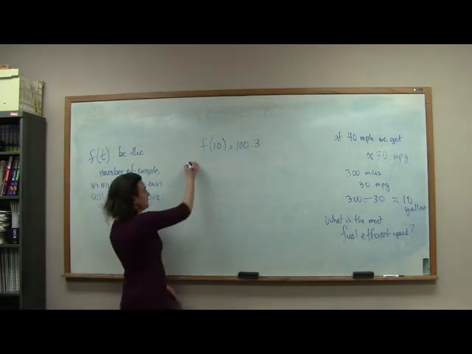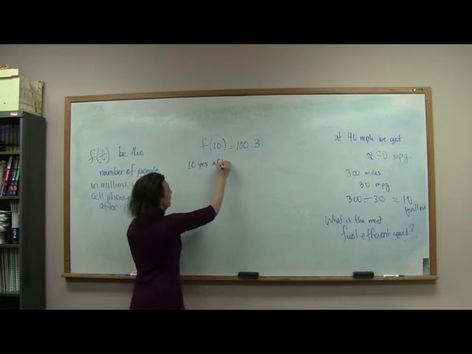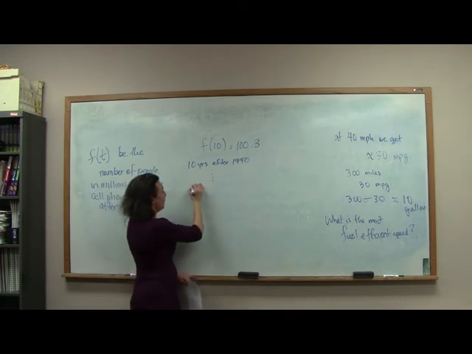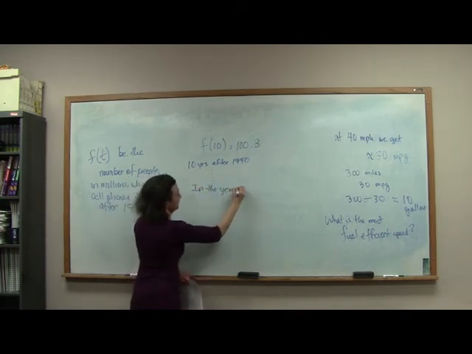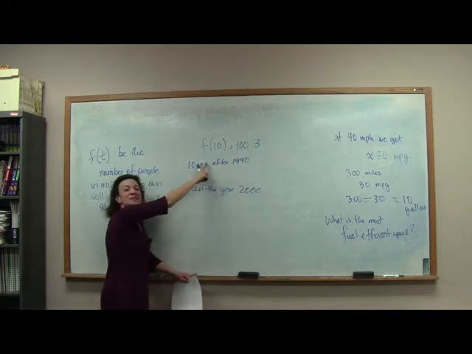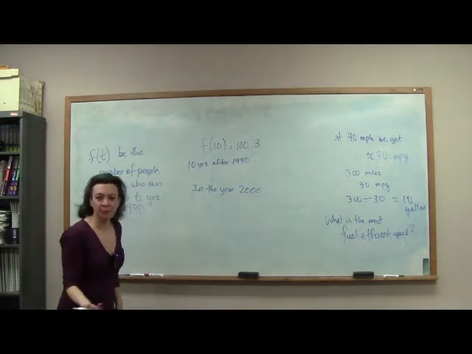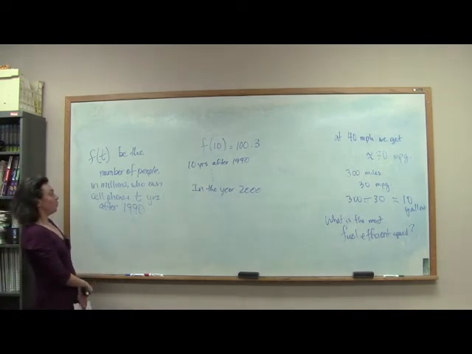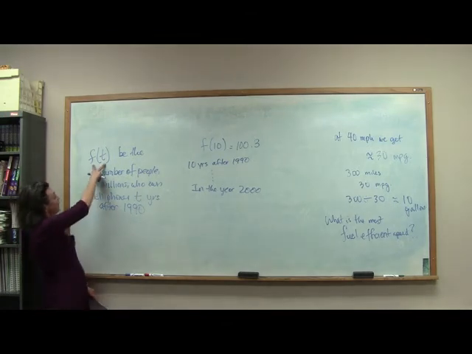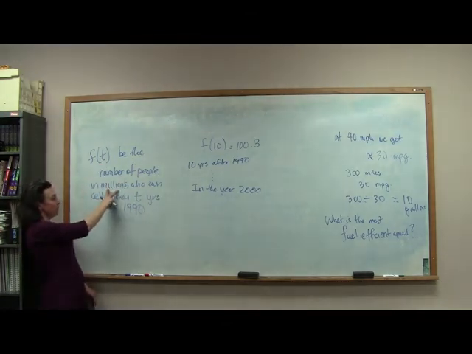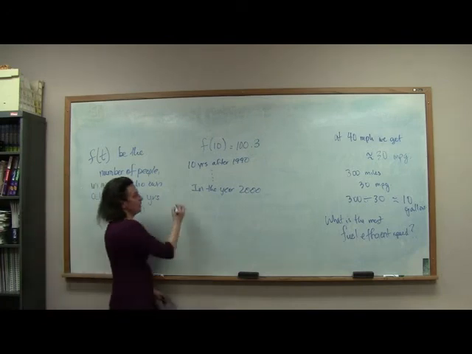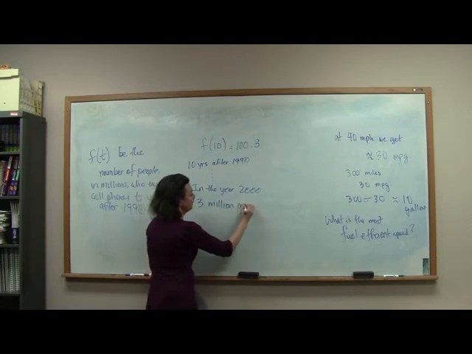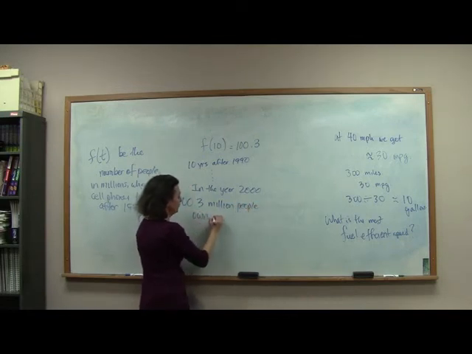So one way we could start saying it is 10 years after 1990. But from that, it's like, well, okay, how about in the year 2000? This is accurate for sure, but it's a little more precise to say in the year 2000. Well, what happens in the year 2000? Well, the function is the number of people in millions who own cell phones. Doesn't that say 100.3 million people own a cell phone?